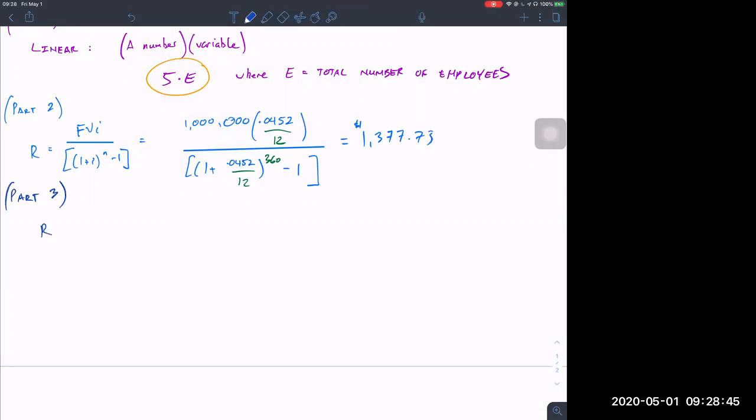All right. And then part 3 is now the recurring payment for the present value, which basically looks almost the same. Just remember the denominator is a little bit different: 1 minus (1 plus i) to the negative n.